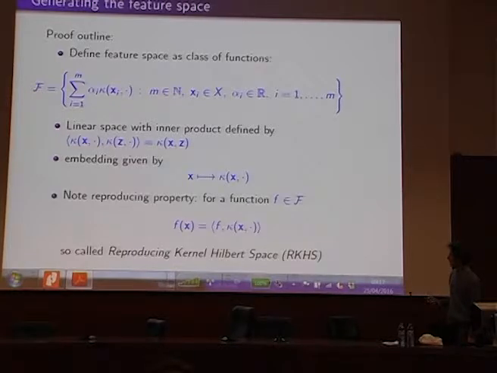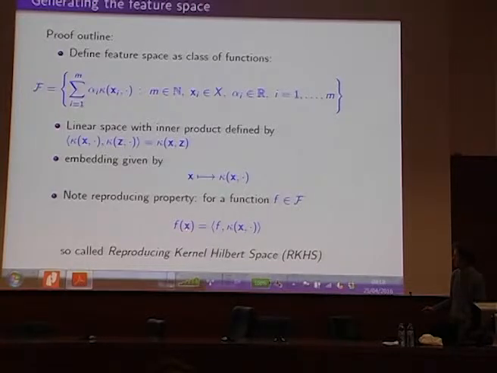And the interesting property is something known as the reproducing property of functions in this space F. If we want to evaluate a function in this space, f of x is actually just the inner product between that function and the embedded image of the point x.